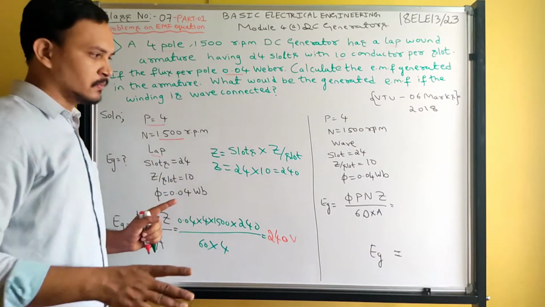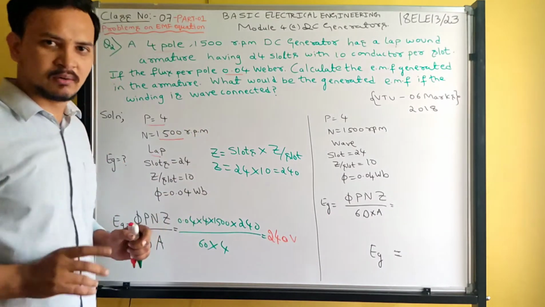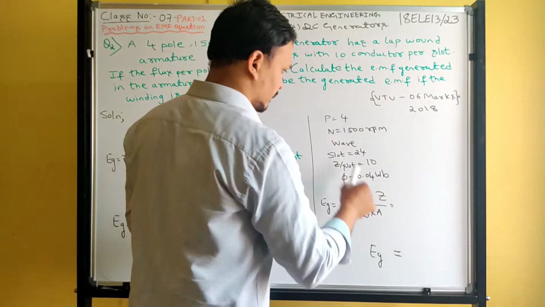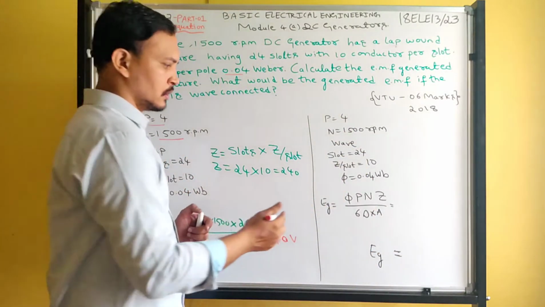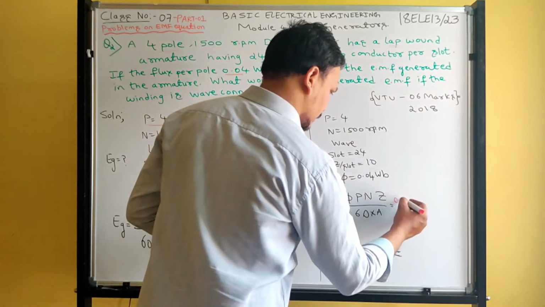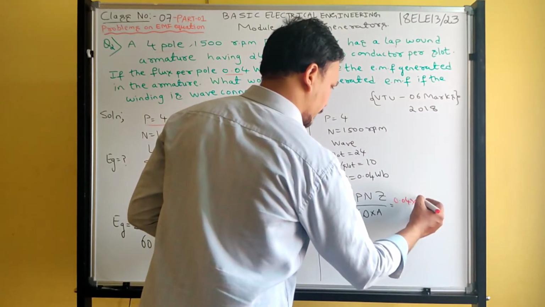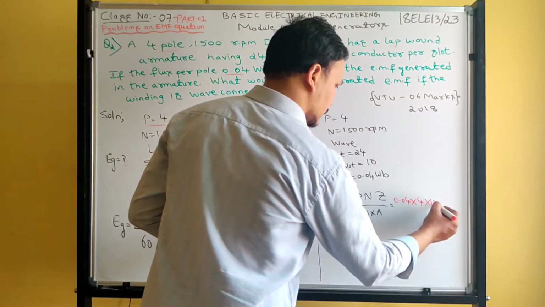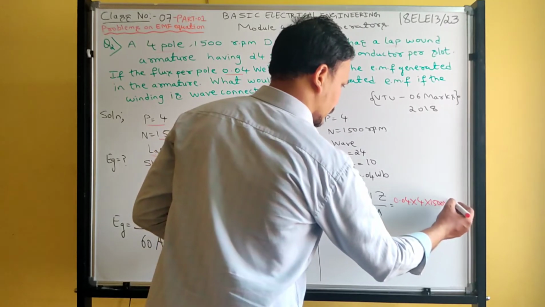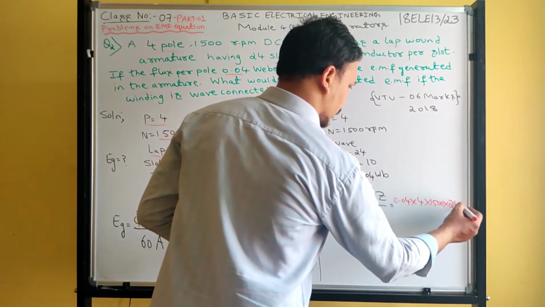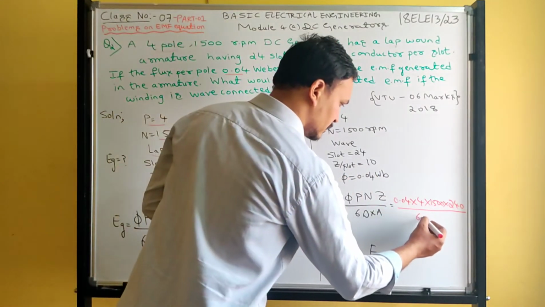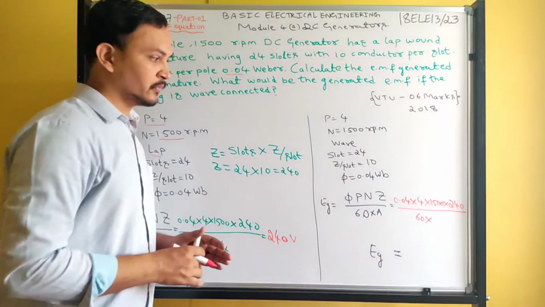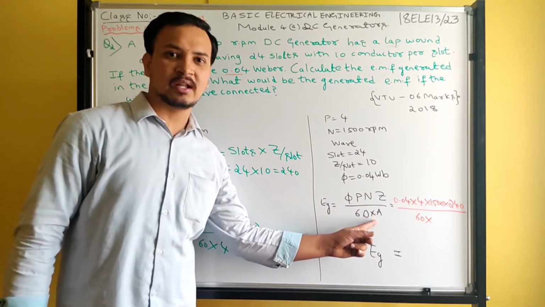Next, everything is the same. If it is wave connected, what is the voltage? See, again same formula, same data, whatever is written here is written there also. Now substitute the value of flux 0.04, number of poles 4, speed 1500, total number of conductors, how much? Very good, 240, divided by 60 into, what value of A should you take?